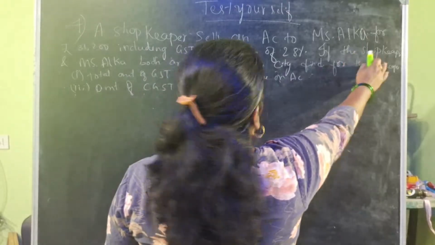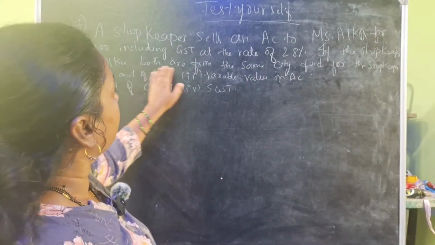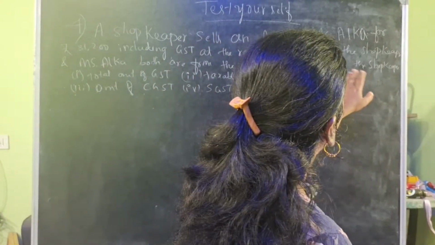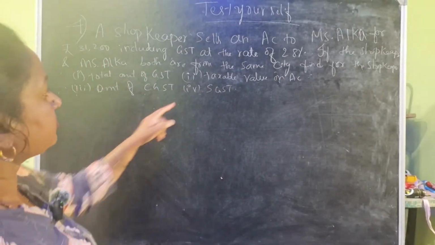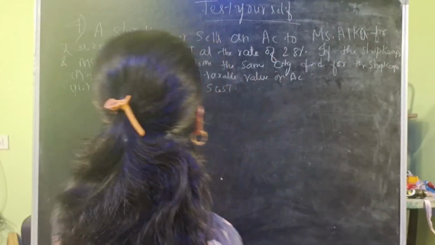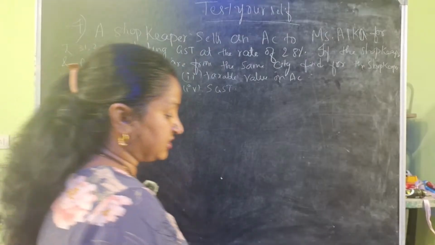If the shopkeeper and Miss Alka both are from the same city, find for the shopkeeper the total amount of GST. Second question is the taxable value on AC, and the amount of CGST and SGST we have to find.